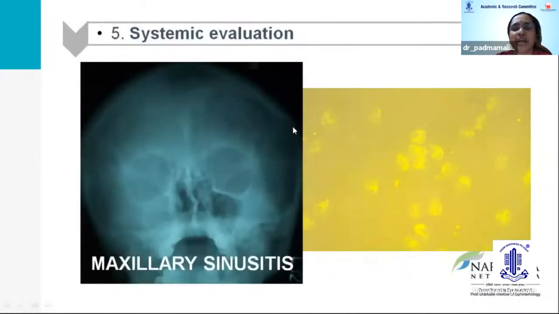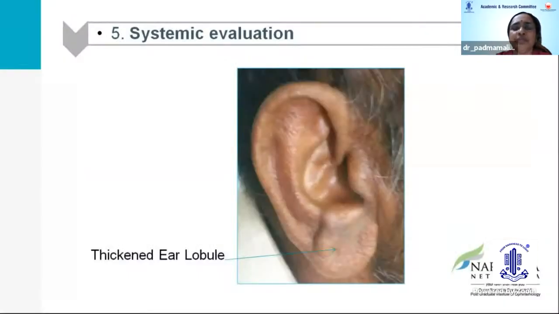If the patient has associated sinusitis, lung involvement or renal involvement, here you have a maxillary sinusitis with ANCA positivity due to what we used to call Wegener's, nowadays we call granulomatosis with polyangiitis. If the patient comes with skin lesions and thickened ear lobule, it's secondary to Hansen's disease.